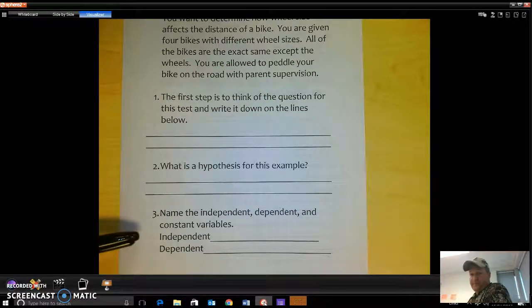Number 3, name the independent, the dependent, and constant variables for our situation up here, the bike. What thing do you think will change? How are you going to measure that?